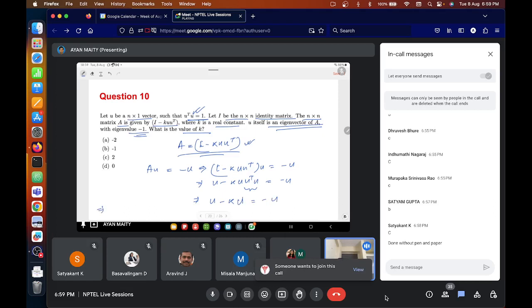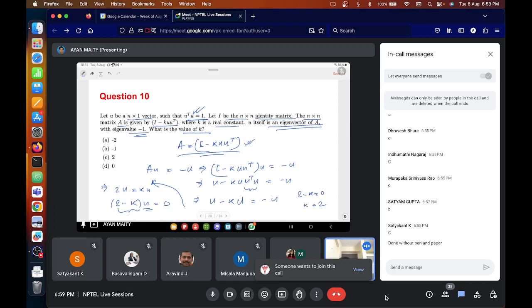So that means 2u equals ku, so (2 minus k) into u equals 0. u is certainly not 0, so 2 minus k is 0. So k equals 2. This is how you have to compute this.